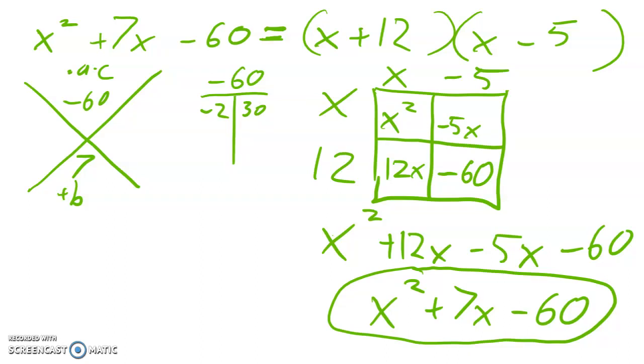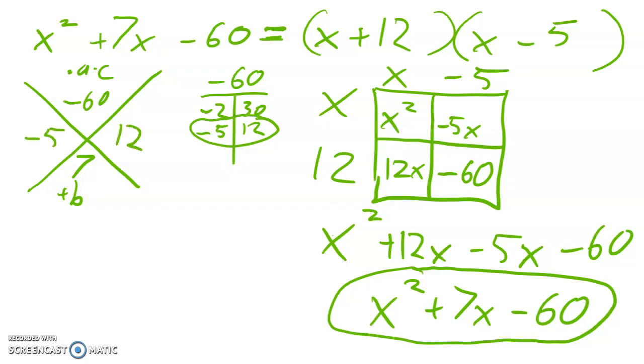I have to make one of these negative, but that would be 28. That wouldn't work. I could divide 60 by 5, so maybe I try -5, and that would be 12. Oh, and then I see, yeah, +12, -5 multiplies to a negative number, and since 12 is bigger, they add to a positive number. Those are my two numbers.